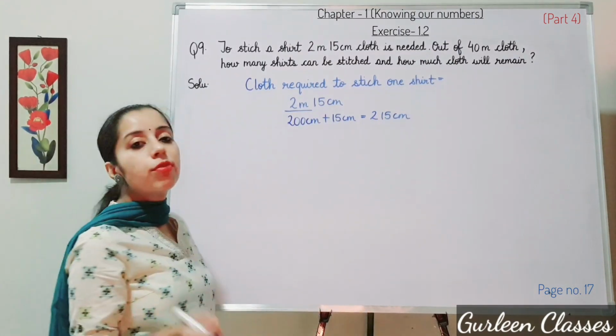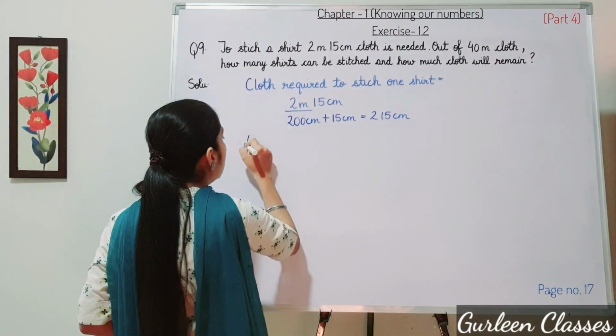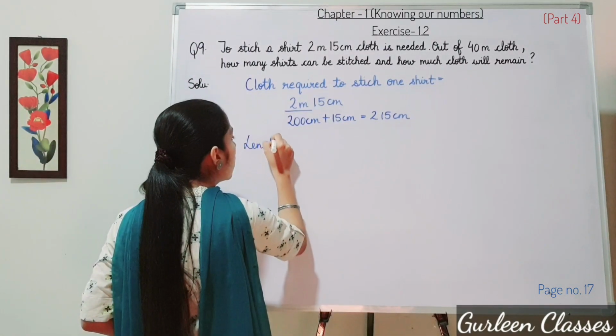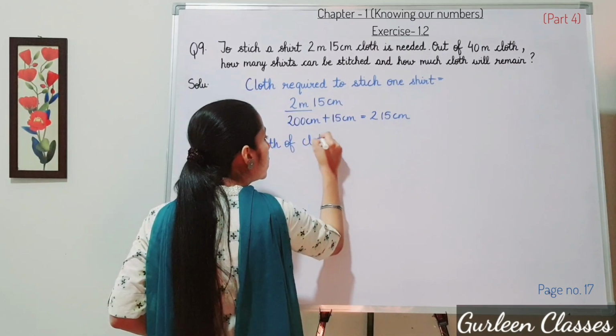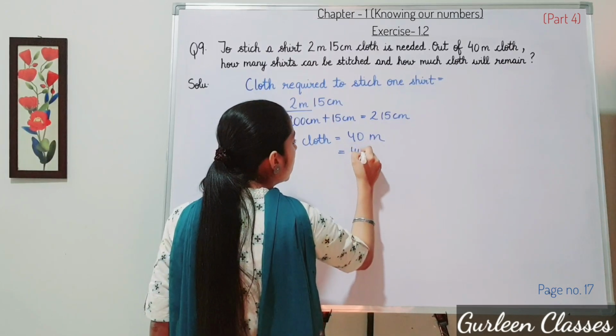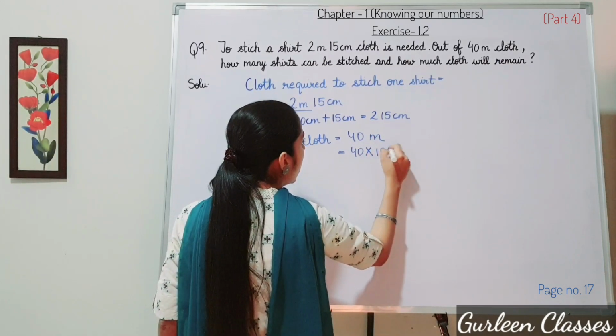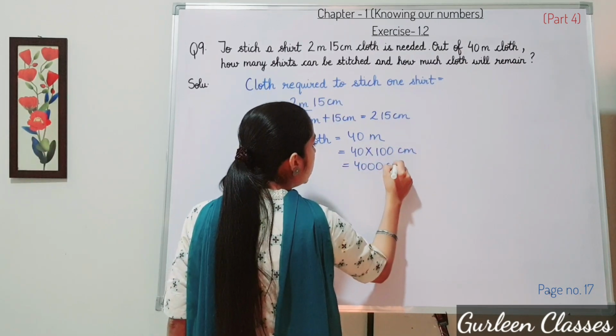Now the length of cloth is given. How much? 40 meter. So write here, length of cloth is equal to 40 meter. Convert into centimeter. 40 into 100 centimeter, that is 4,000 centimeter.